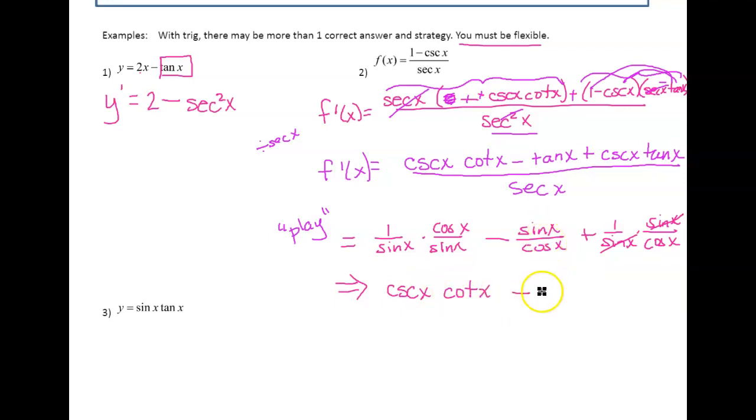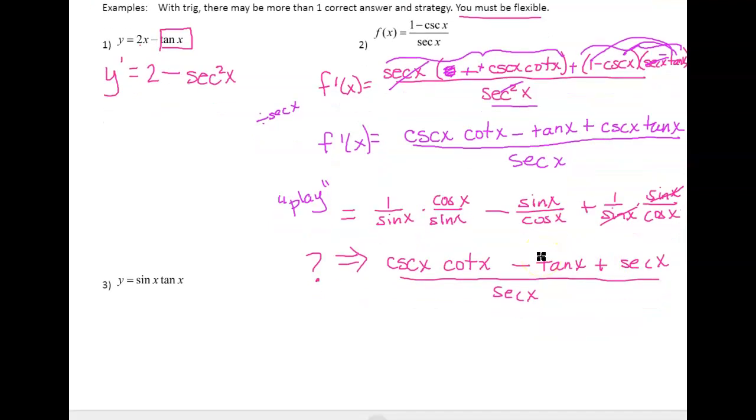And we don't want 2 trig functions. We're going to bring that back to tangent. But I can have 1 over cosine, which is secant. So maybe this is the multiple choice answer. I mean, at this point, you're like, I don't even know. Okay, so see how you can just keep manipulating it if your answer doesn't show up.